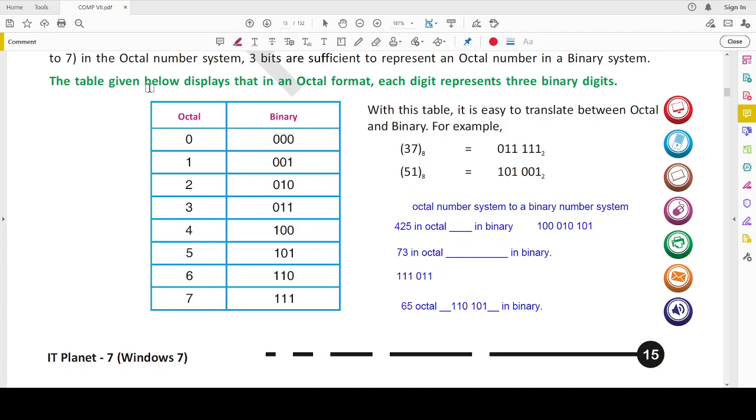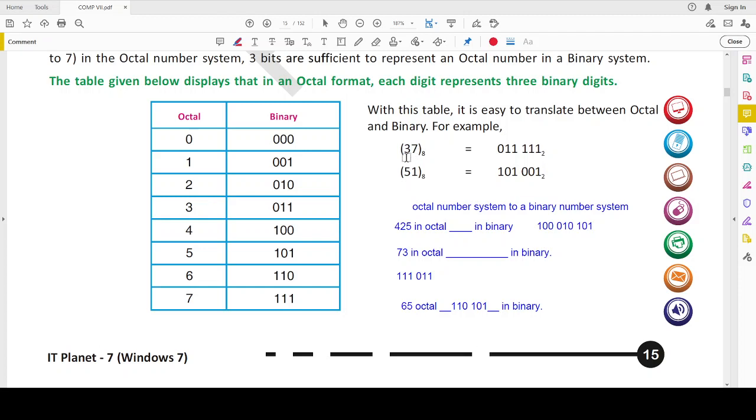In the given table, it displays that in octal format, each digit represents 3 binary digits. It is easy to translate between octal and binary.